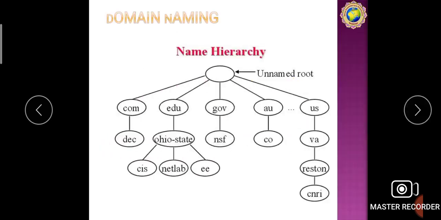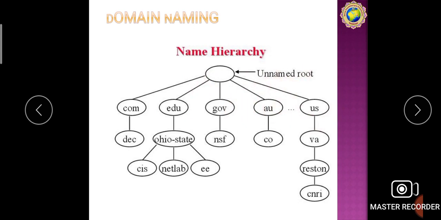Next, the domain name hierarchy. This is our hierarchy, which is nothing but a tree of our domain name system. The first node of the tree is our head node, which is our root node. So here is the unnamed root, then .com, .edu, .gov, .au, .us.